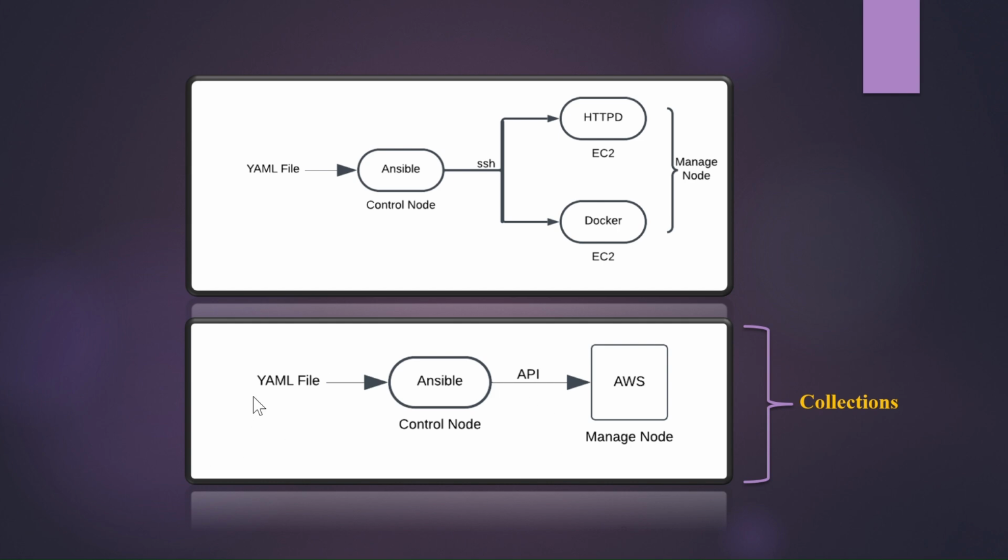The next diagram shows how Ansible can be used to automate the management of AWS resources directly through API calls rather than managing individual servers. This approach is common in infrastructure as code practice, where cloud resources are managed programmatically. This concept is what we call collections.